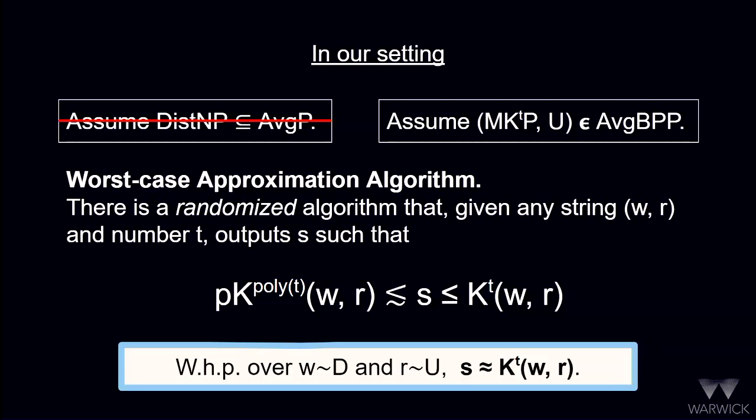So w from D, efficiently sampleable, and uniform r. All the samples we get are from an efficiently sampleable distribution, so that takes care of w. We just have to deal with this kind of annoying additional randomness r.